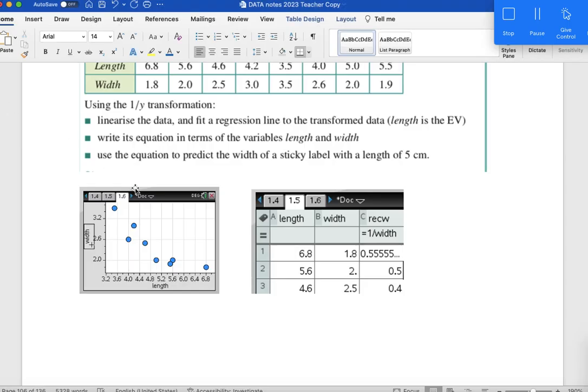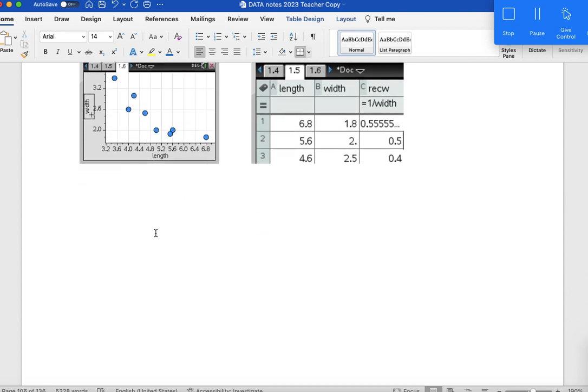Okay, so let's go back and type that in here. I'll just type it underneath. When you write the equation, remember it's 1 over width. Okay, 1 over width equals 0.0147 is what we said, and then it was plus 0.0859, wasn't it?